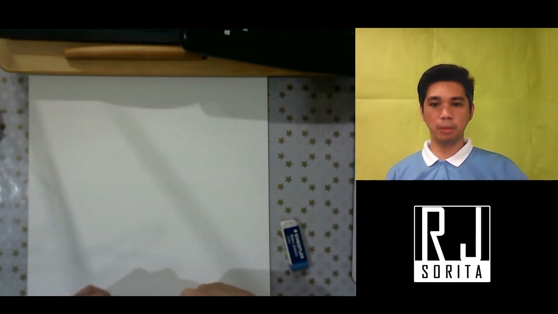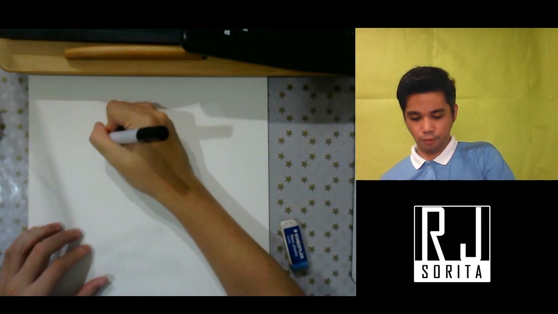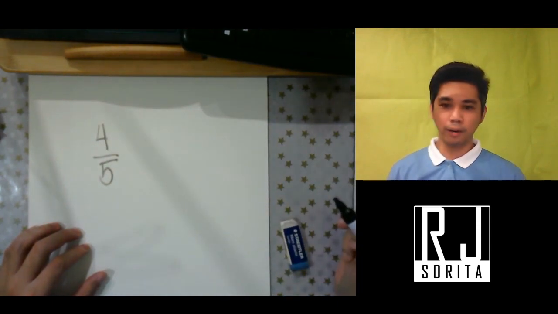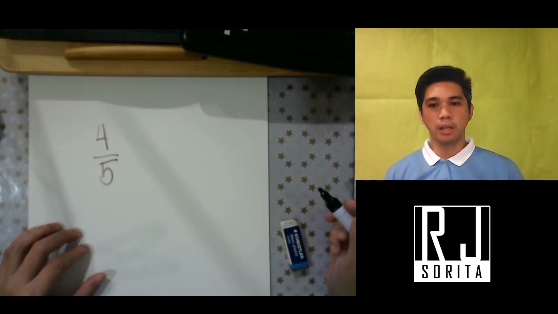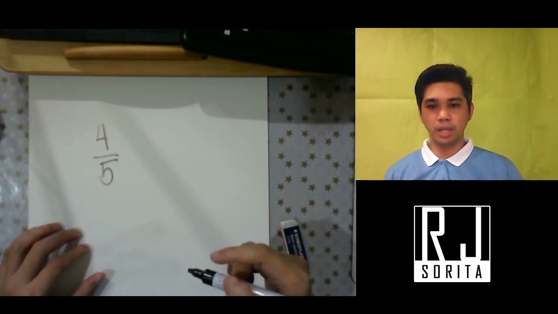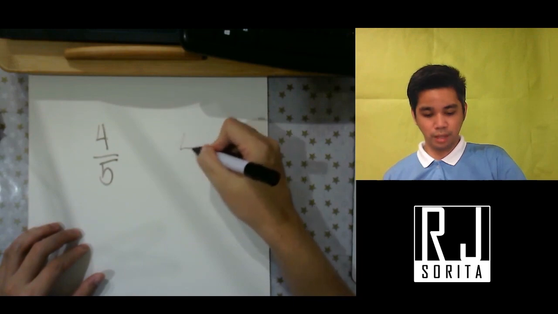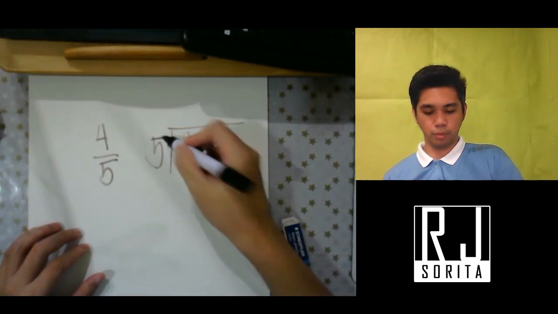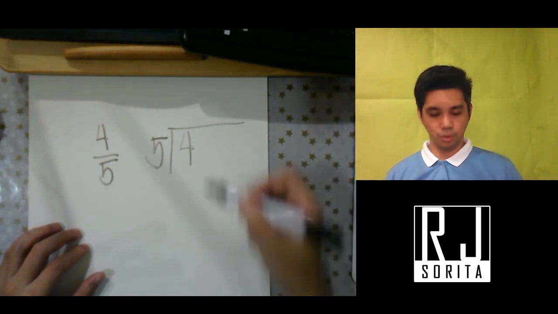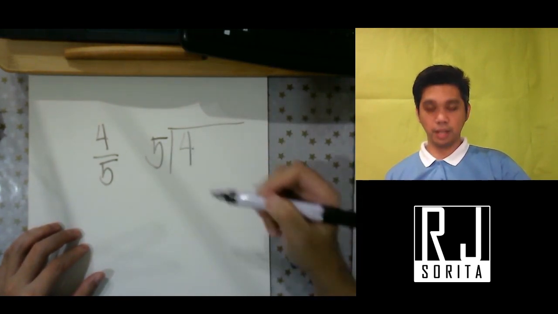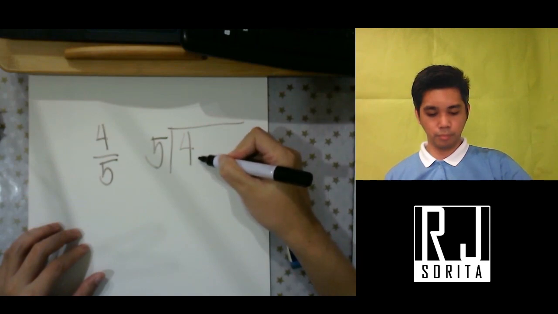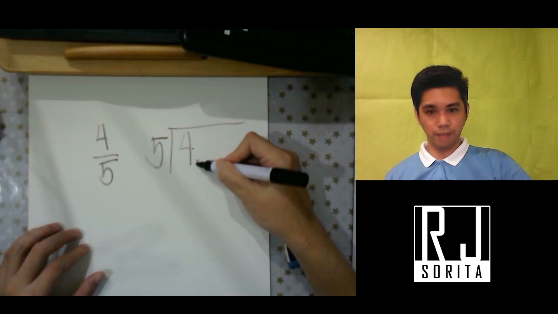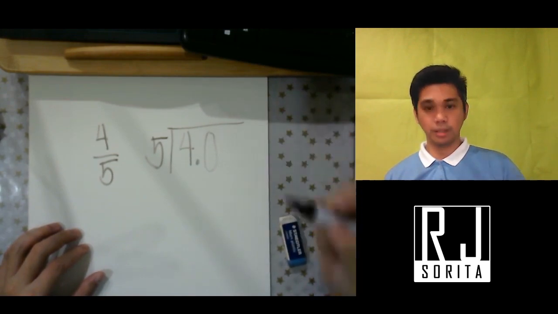Let's say for example, we have a fraction 4/5. To change that into decimal, you have to divide 4 by 5. So we know that 4 cannot be divided by 5. So we have to add a 0.